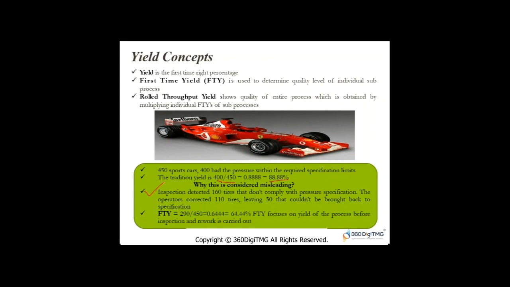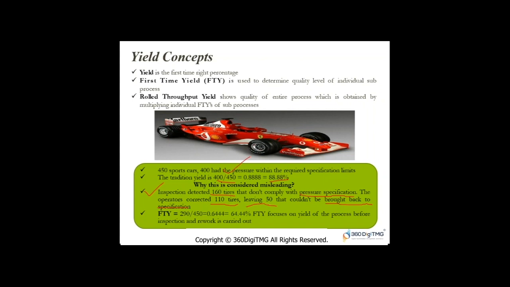Initially, there was an inspection performed and you found that 160 tires did not comply with the pressure specification, right? However, the operators corrected 110 tires out of these 160, leaving only 50 that could not be brought back to the specification. And what were you looking into for traditional yield?